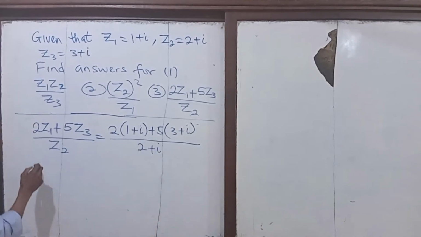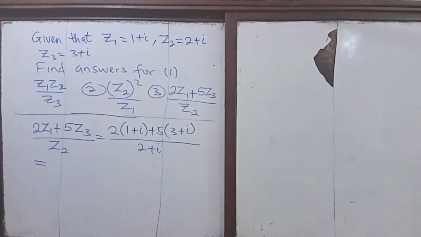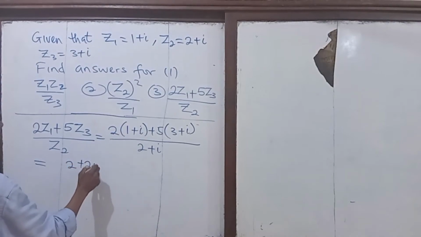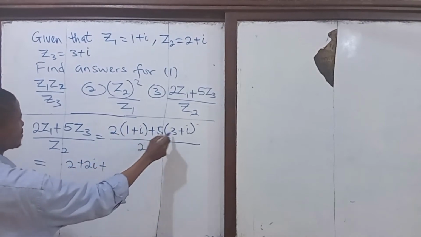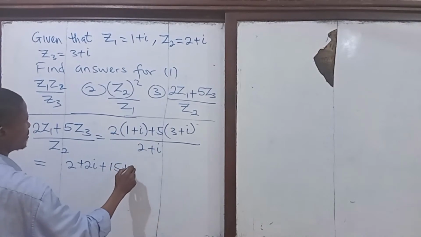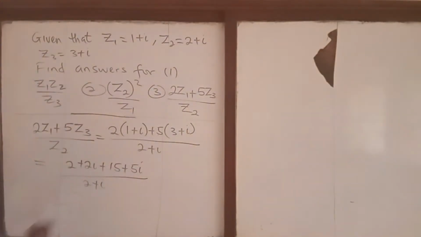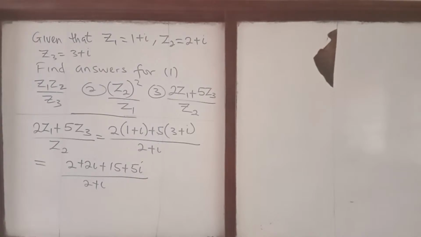And that will be equal to 2 times this one, plus 2i, and then plus 5 times 3, that's 15, plus 5i, all over 2 plus i. So that's what we have in that case.